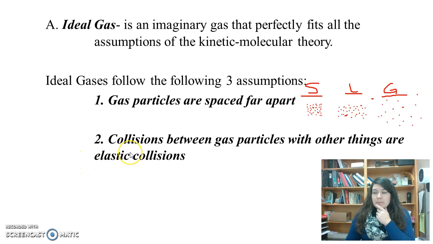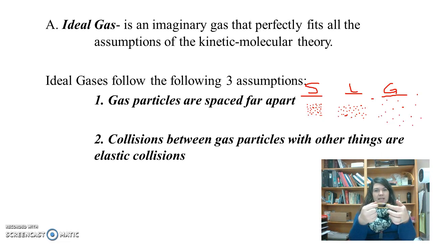Last part, collisions between particles and other things are elastic. You might remember that word from your freshman year, when we talk about an elastic collision. It's a physics term. It just means that, just like a rubber band is elastic, I can stretch this rubber band out nice and far, but it always goes back to the same shape. That's the idea that no energy is lost. If my gas bounces into something, it's going to retain all its energy.